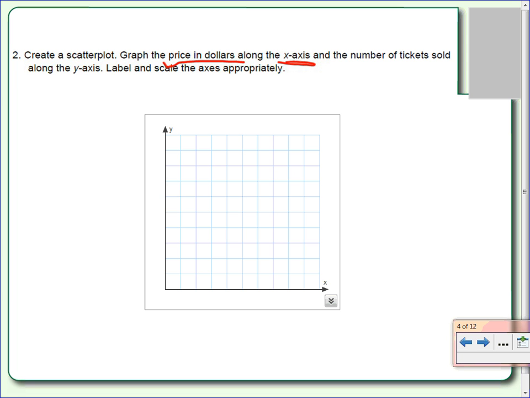So on the x-axis, we're going to label that as the price per ticket, in dollars. That's what the x values are going to represent.